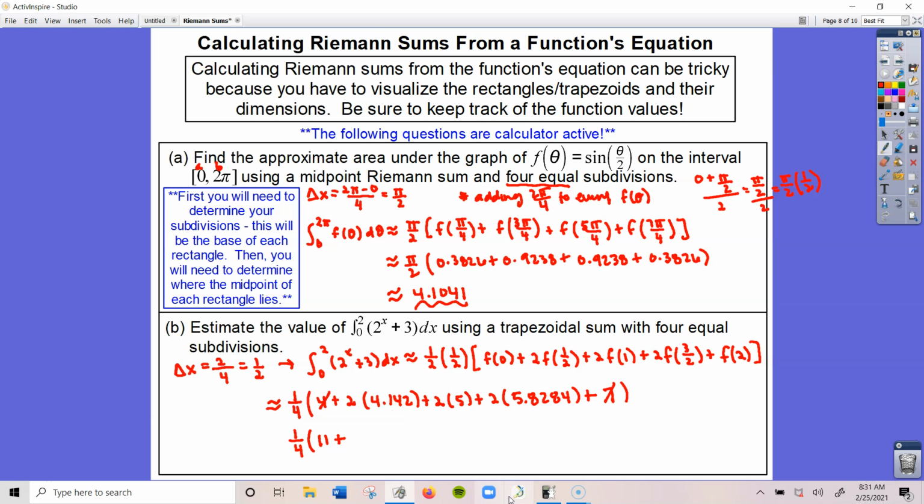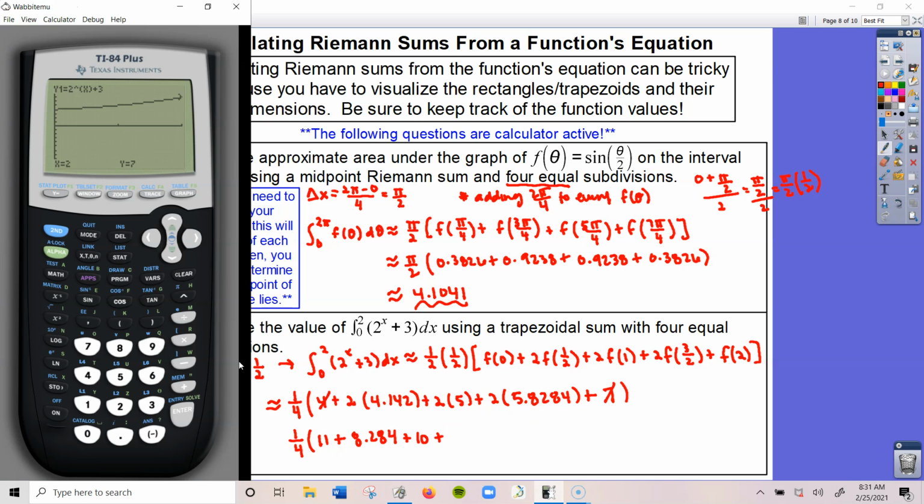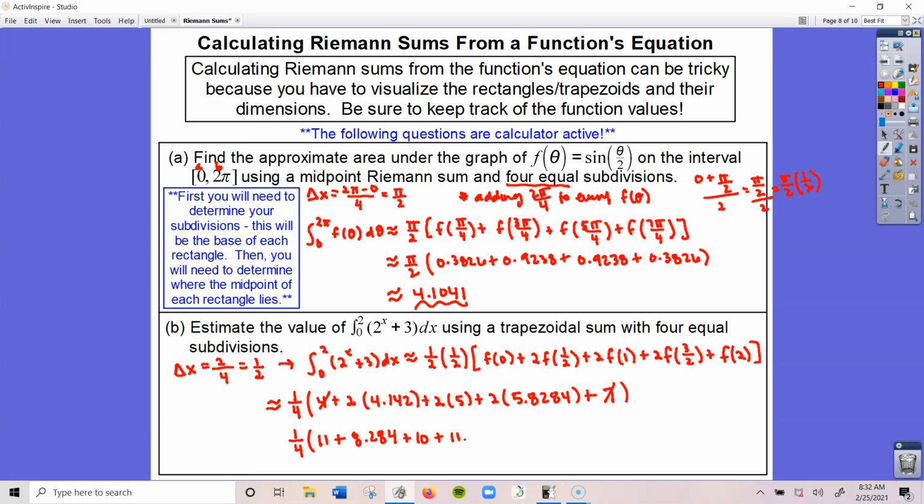Let's do 2 times 4.142, that would just be 8.284, plus 10, plus, let's do 2 times 5.8284, which is 11.6568.